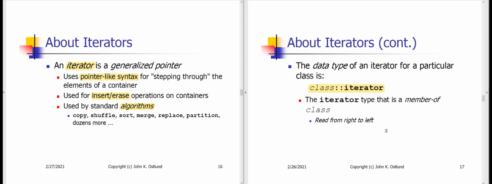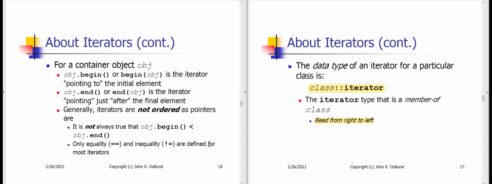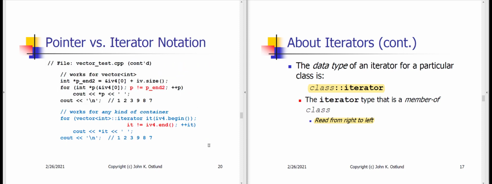So it'd be vector angle bracket int colon colon iterator. And as with arrays and pointers, we generally read these things from right to left. So let me show you specific examples. Actually, let me jump ahead for a minute and show you a specific example. Here we have a specific example of how to declare a vector of int iterator.